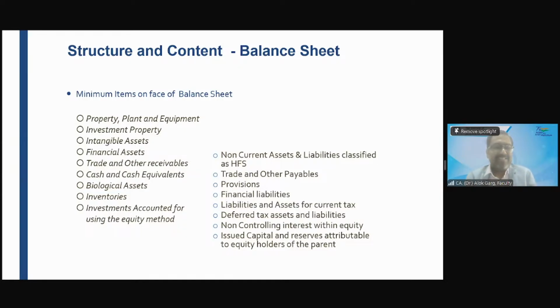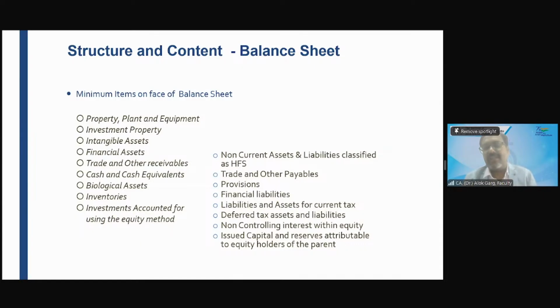So friends, Schedule 3 gives you the format and Ind AS 1 gives you the guidance. And Schedule 3 itself says that if Ind AS requires something more over and above Schedule 3, you have to give something more. You remember I took the example of revaluation surplus in my class. Schedule 3 only talks about disclosure of revaluation surplus if it is beyond 10%.